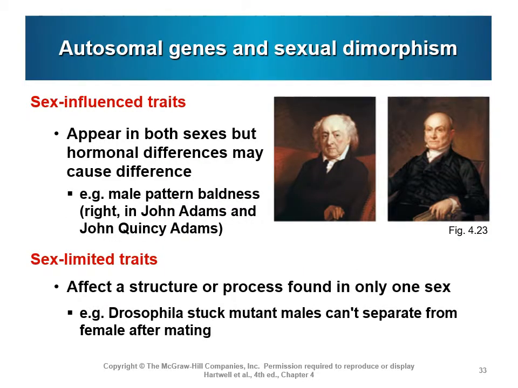Finally, let's talk about autosomal genes and sexual dimorphism. There are sex-influenced traits. Those appear in both sexes, but hormonal differences may cause differences. One very obvious example is male pattern baldness, which is very common in males and very rare in females.